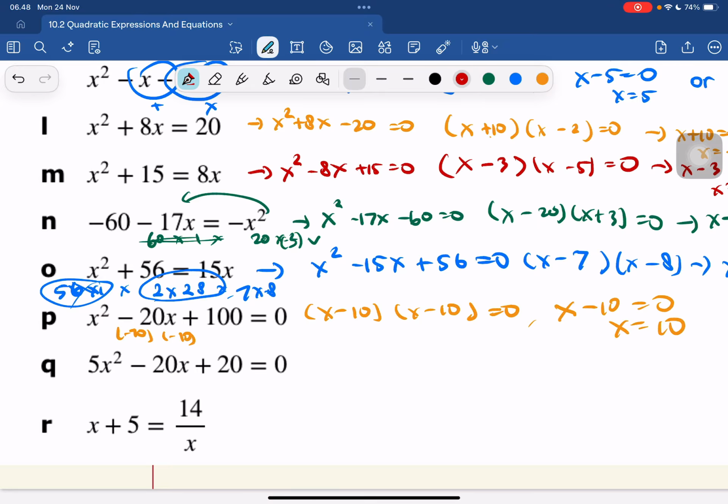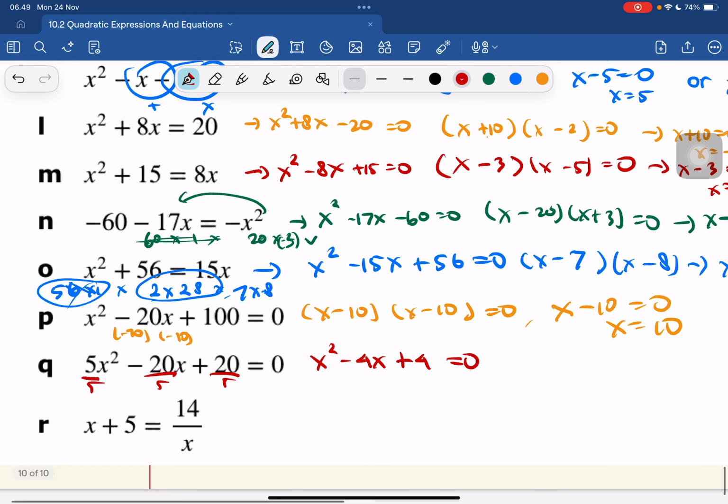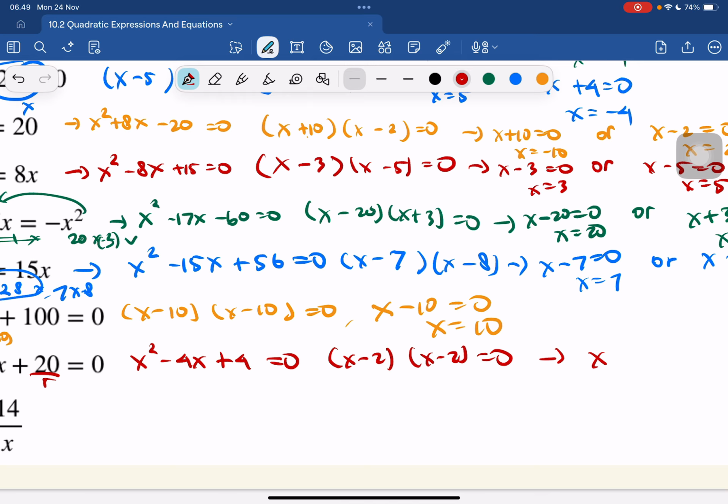Here, let us make it one equation. Divide all terms by 5. It's going to be x squared minus 4x plus 4 equal to 0, isn't it? So x minus 2 and then x minus 2 equal to 0. So we got x minus 2 equal to 0, so x equal to 2.